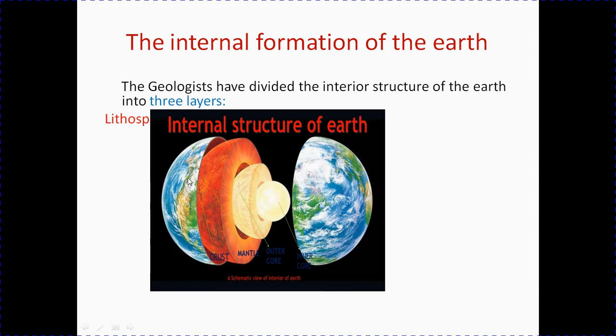The outermost layer is lithosphere. The orange color middle zone is mantle. The third zone is inner core and outer core, and the white color circle is the inner core of the Earth.